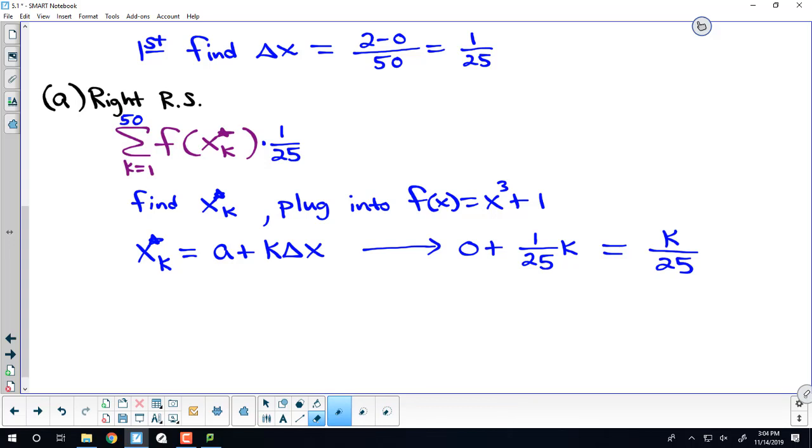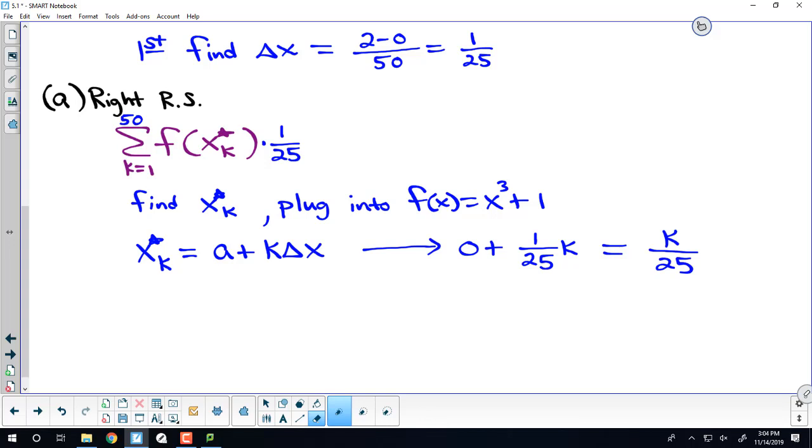Whenever you compute it, it's going to be a function of k, and then you're going to plug that into the actual function f of x, so that f of x becomes f of k. So you'll have this thing right here turning into a function of k in front of the summation that operates on k.